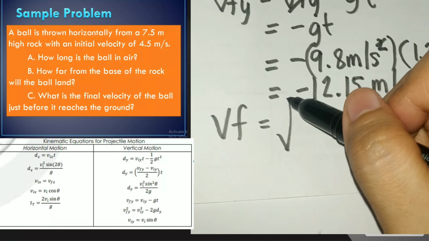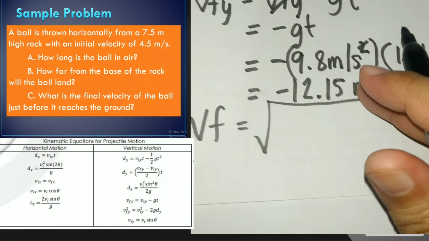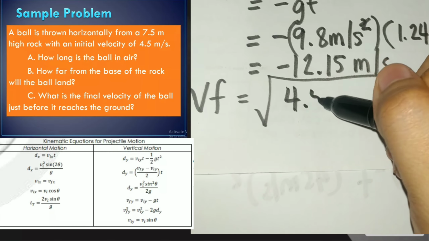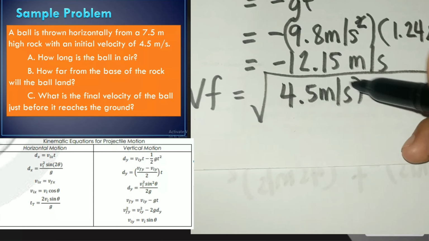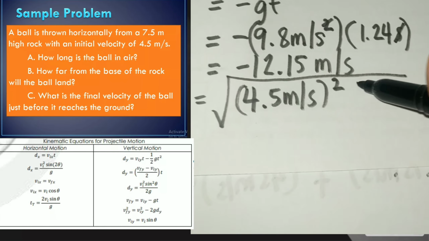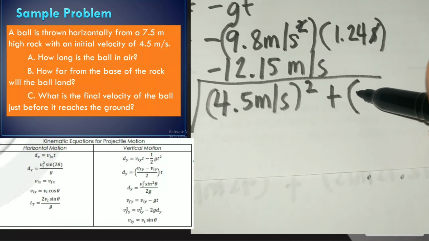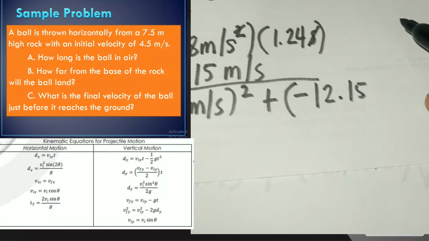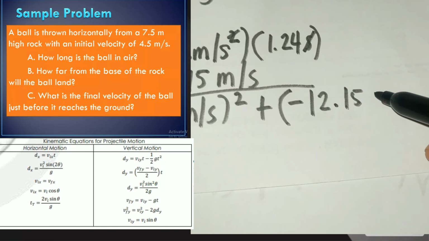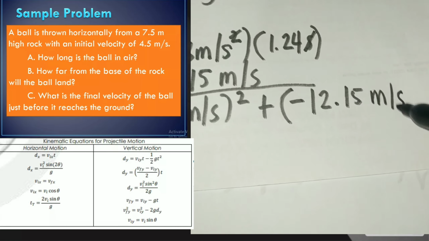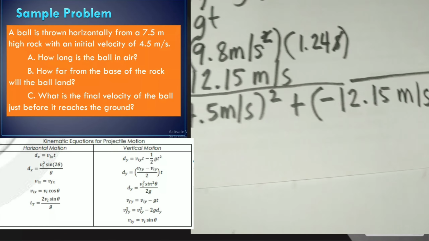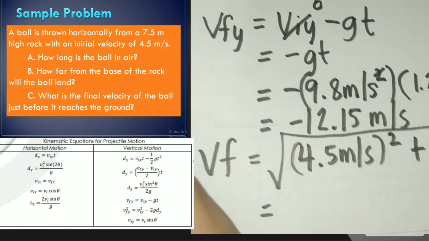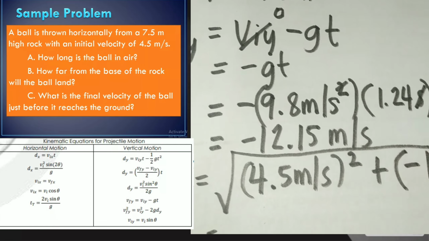We can now substitute your Vfx is 4.5 meters per second, squared, plus negative 12.15 meters per second, that is your Vfy, squared.